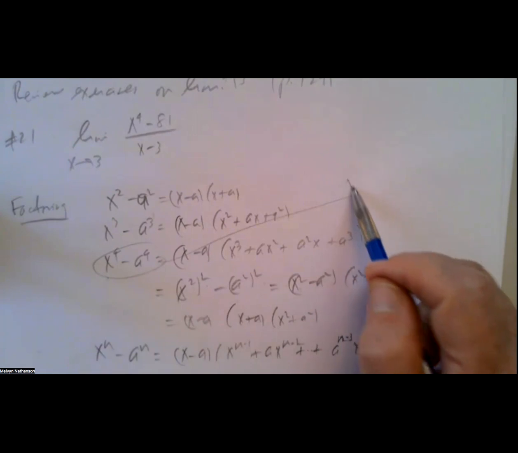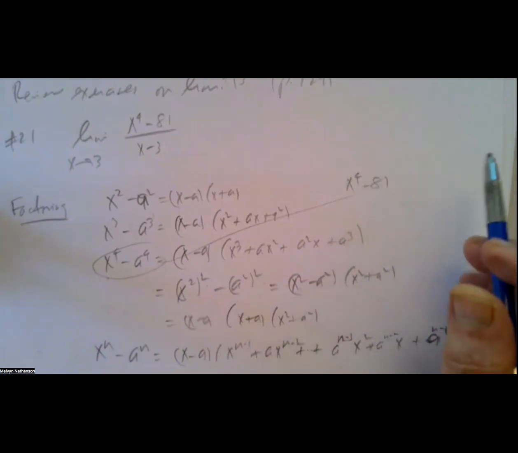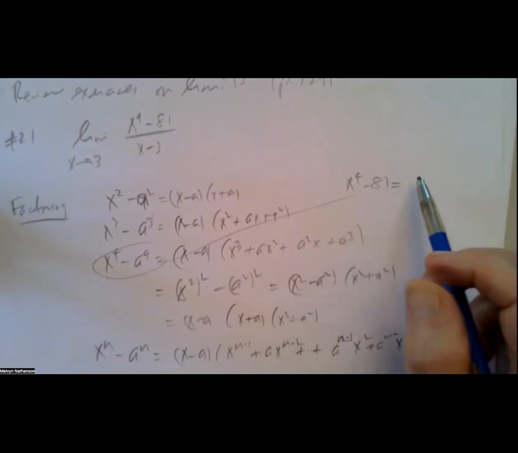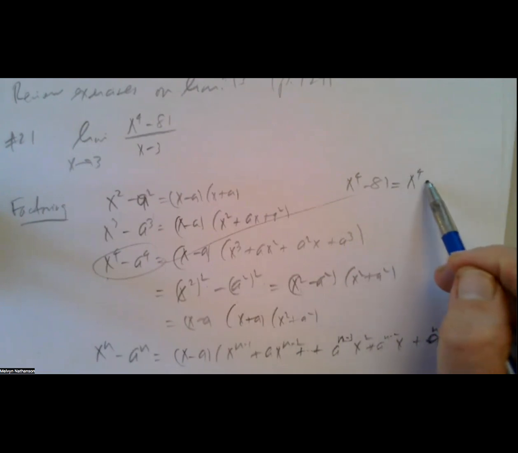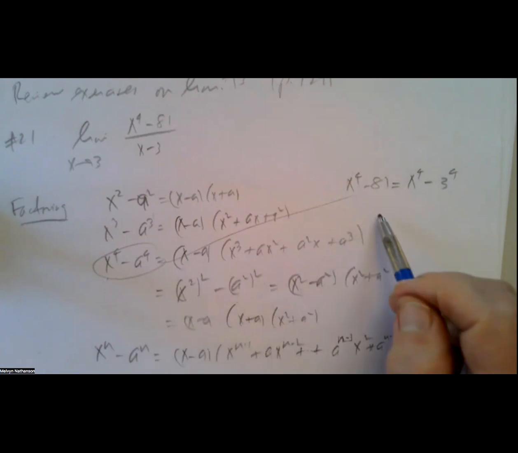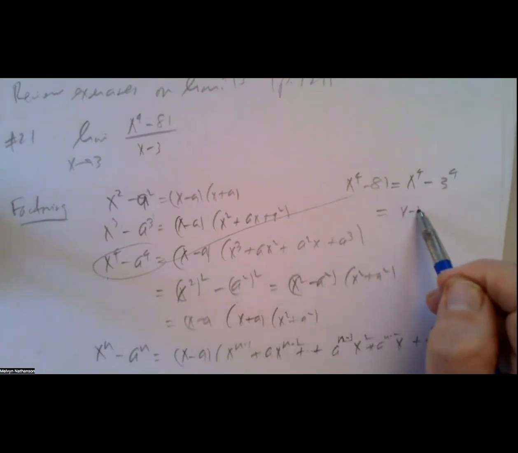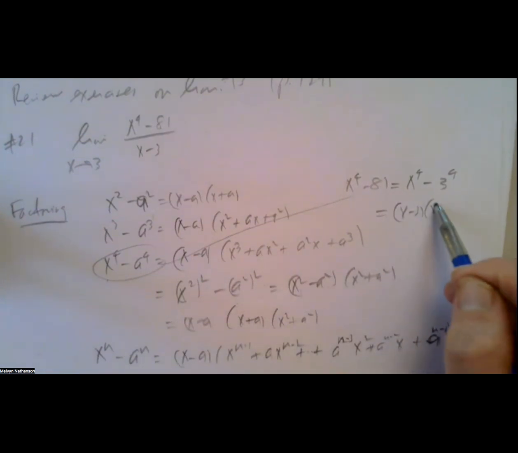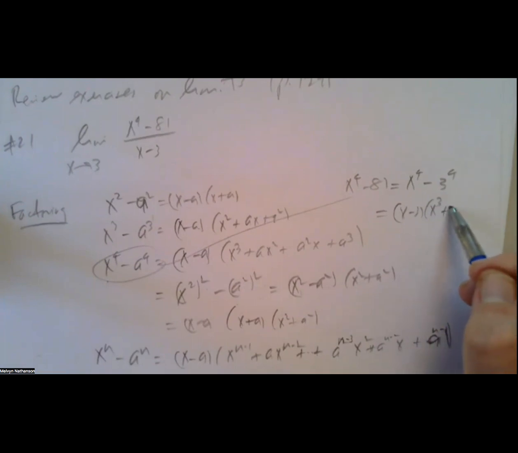So for example, if I have x to the 4th minus 81, then you have to recognize that 81 is 3 to the 4th power. So this factors into x minus 3 times x cubed plus 3x squared plus 9x plus 27.